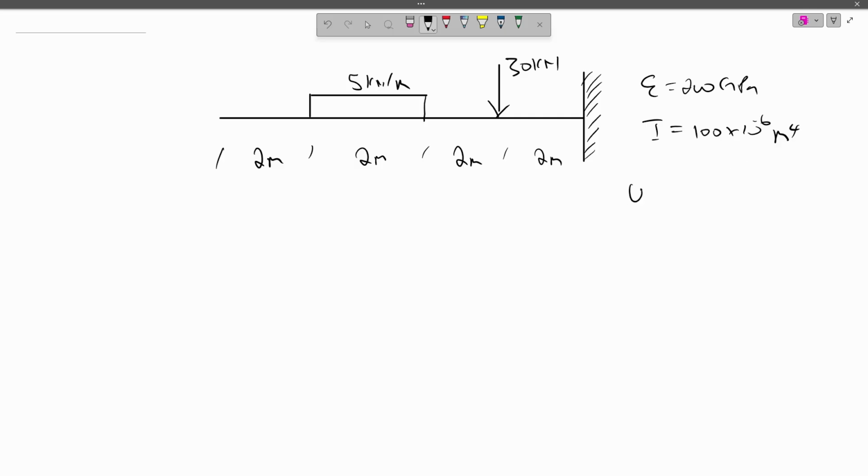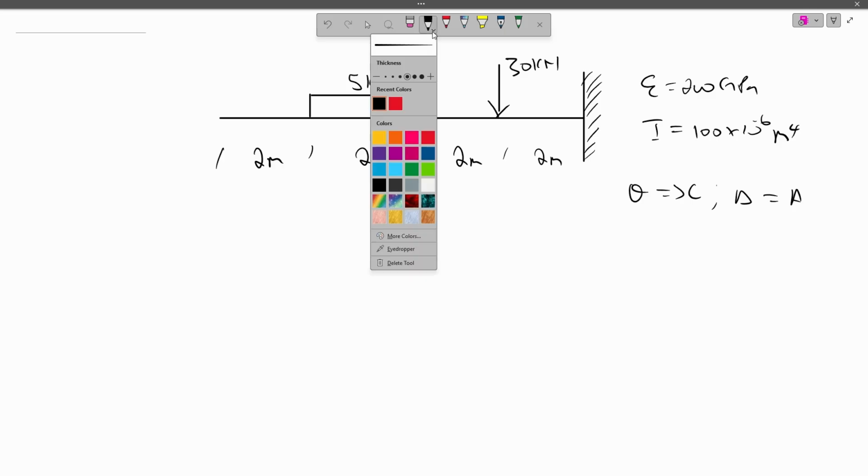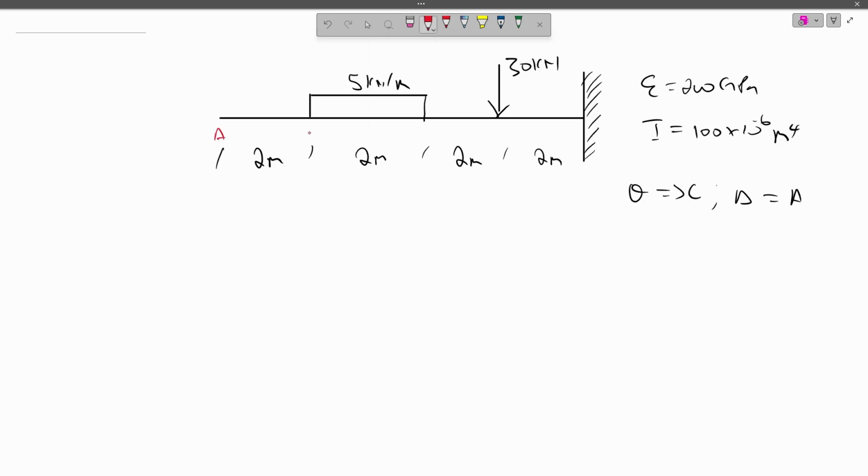Let's say we're looking for the slope at C and the deflection at A. So we'll have our A, B, C, D, and E.